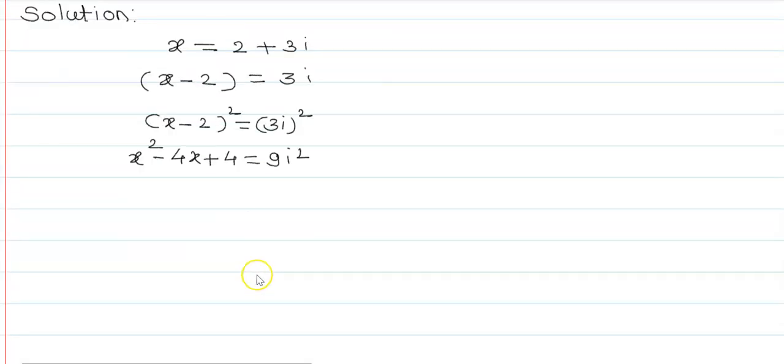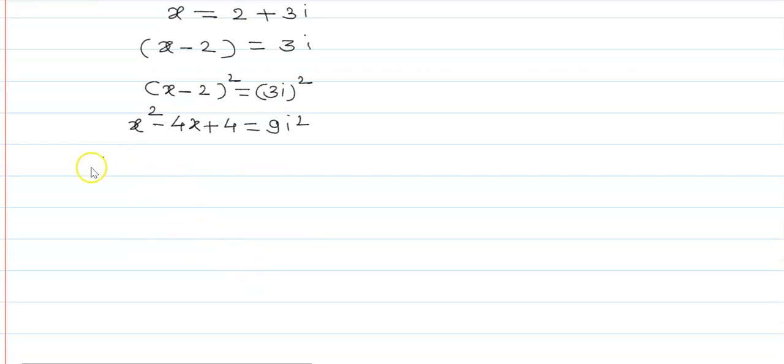Now i square is again minus 1, and hence this is x square minus 4x plus 4. i square means what? Minus 1, and that is equal to minus 9.